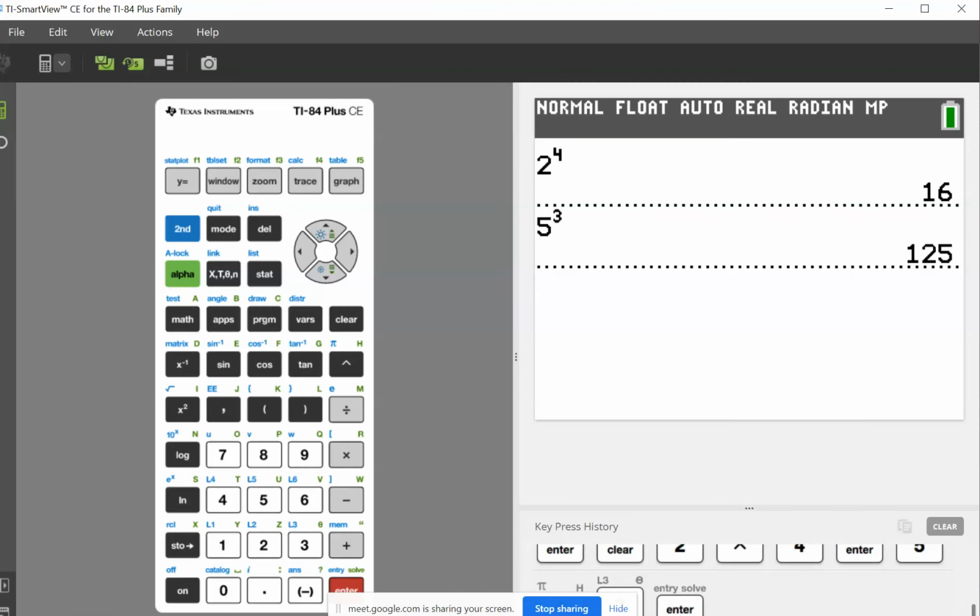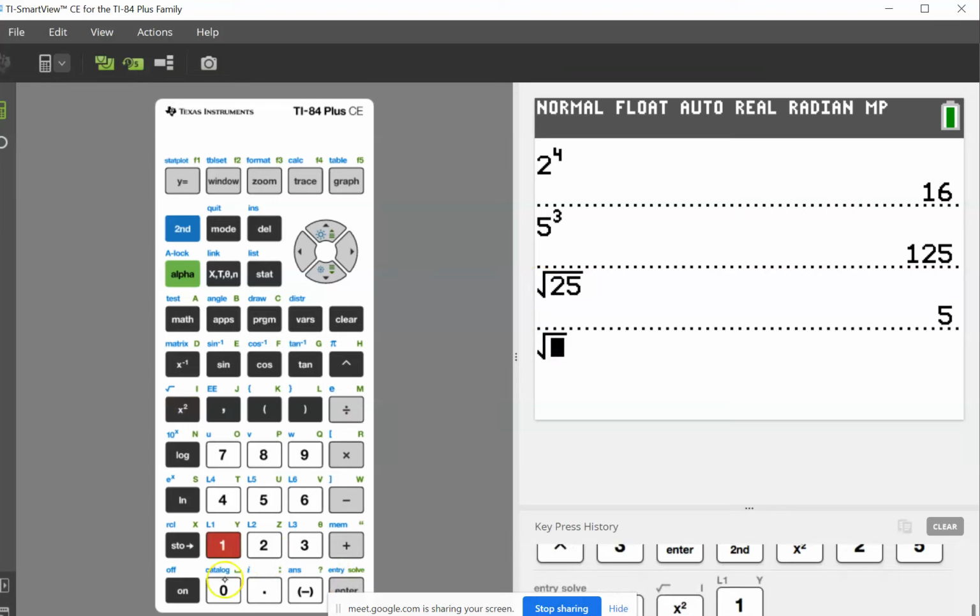If you go to your calculator to do a square root, you're first going to press the blue key that says second, and then look at the x squared above it. Do you see this little radical symbol? So if I do the blue key and then press that key, I get my square root sign. I can now type in my 25, and that would give us a whole number 5.